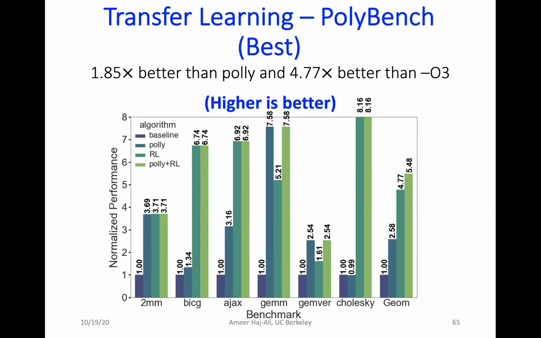Now, I just want us to keep in mind here that Polly does many more optimizations than just vectorization. It has loop reordering and tiling and things like that, which somewhat gives an advantage to the Polly results here. If we had taken them off, we would have been much better than Polly.